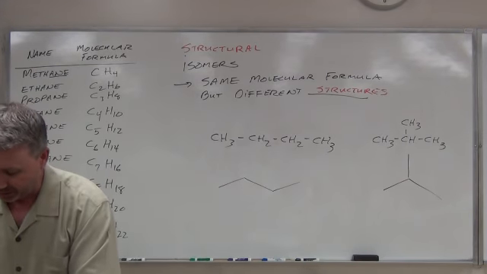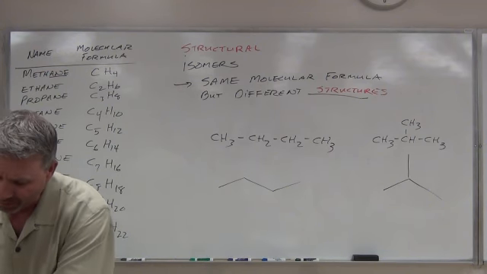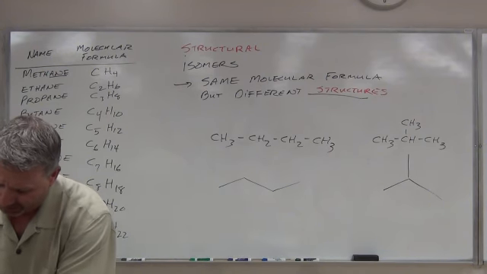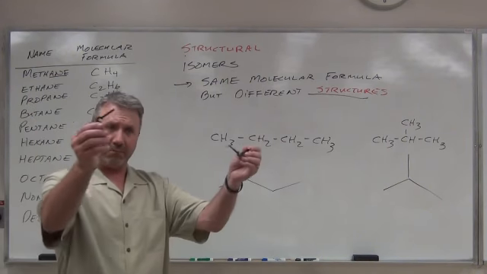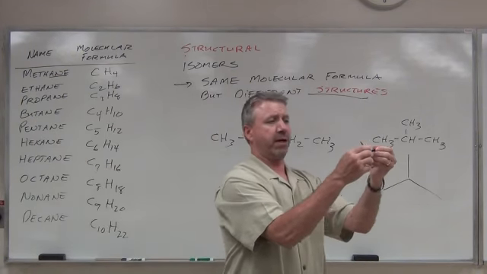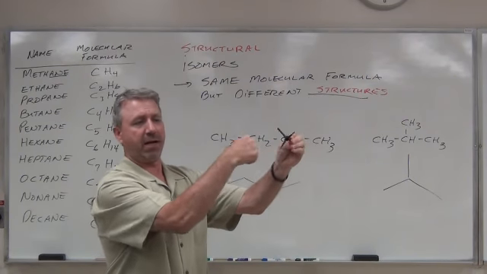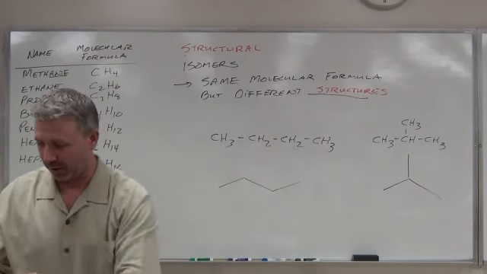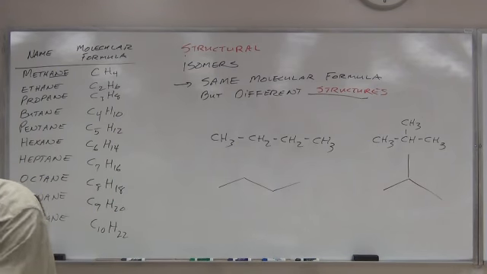We'll provide you with model kits for the exams or quizzes if you want one. But one of the things that the line formula does, and for my model kit here, clip them together, my carbons are here in the center, and you see that I have 4 bonds coming from each carbon. So I'm going to make butane for you.